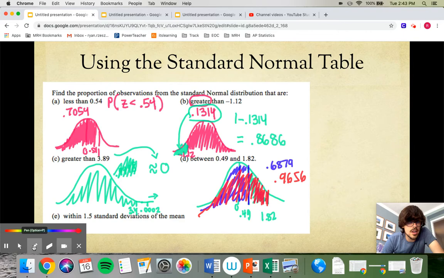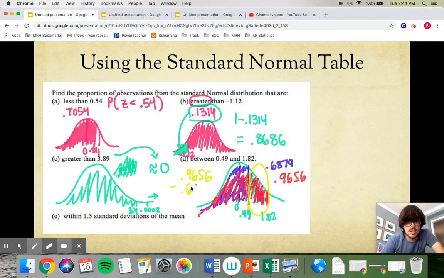If you use common sense here, everything red is for the second mark. Everything blue is for the first mark. All I ever wanted in the first place was this part right here in between these. So this is going to be the red only part. All I would need to do is subtract my two values, 0.9656 minus 0.6879. And if you just subtract those, you're going to get your answer. So feel free to do that, and then you can go ahead and try out the last one for yourself as I type this in.